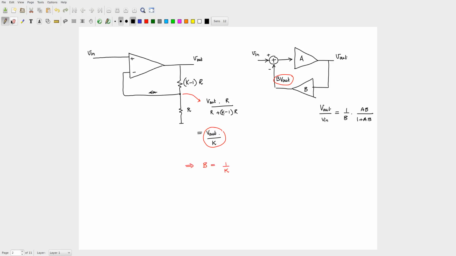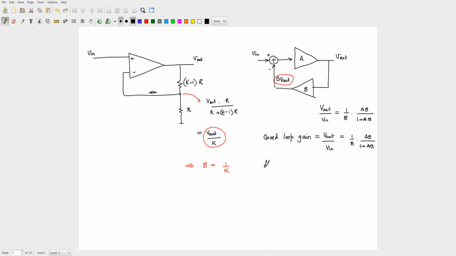We defined a thing called the closed loop gain. Closed loop gain is essentially what I wrote here. Once you close the loop, what is V out by V in? Which is nothing but 1 by B into AB by 1 plus AB.